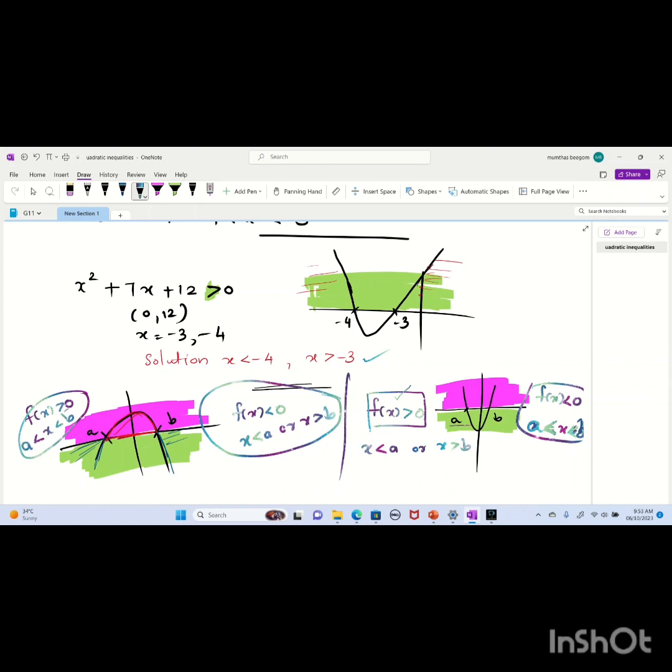Remember, if the question, instead of less than 0, was less than or equal to 0, then everywhere the solution will also have equal. Here also, greater than or equal to 0 will have equal. And here, greater than or equal to means here also will be equal and here also will be equal, like this.